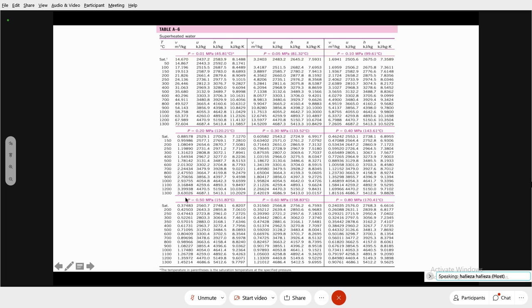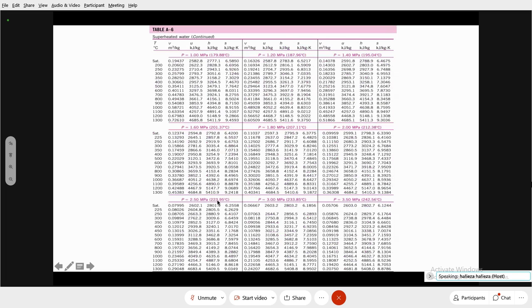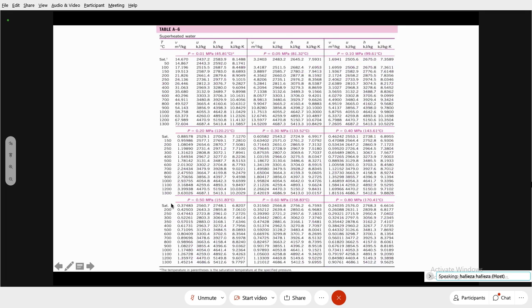That is the pressure, and this is saturated steam, and that is the enthalpy. So I'm going to write that down. My enthalpy is 2748.1 kilojoules per kilogram.